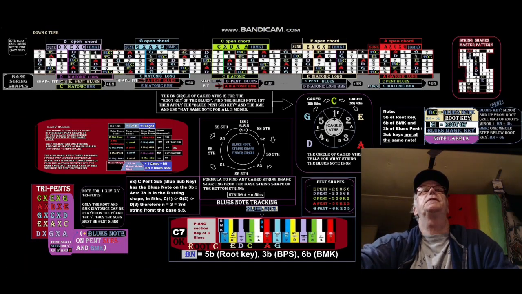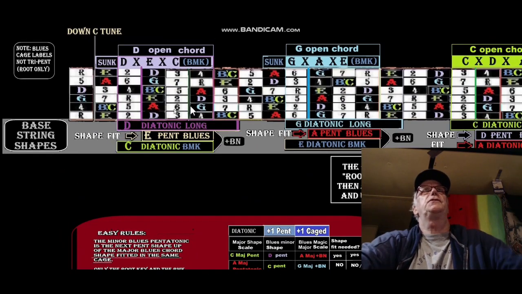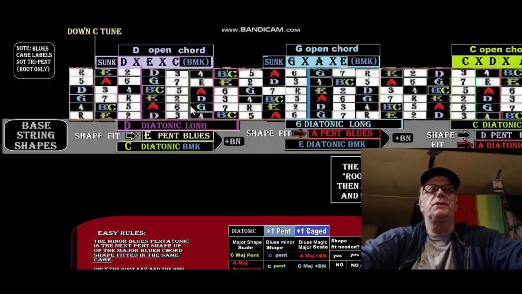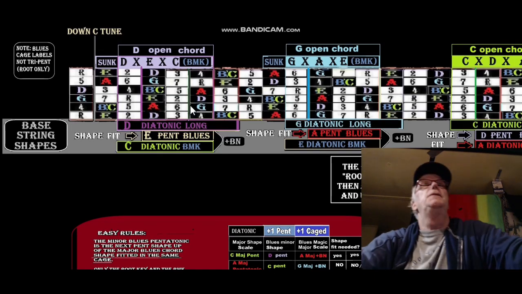So let's see if we can advance up. It gets a little complicated here. I'm starting to put more information here where we have our 3 types of scales that we're going to be using with the blues, and 2 of those types are going to be tripentatonic.